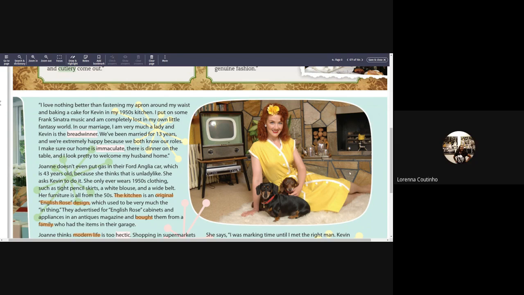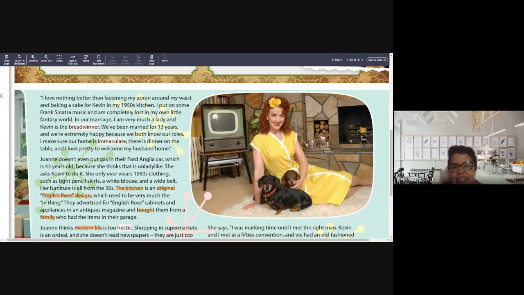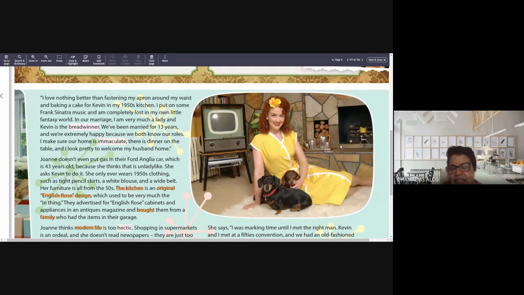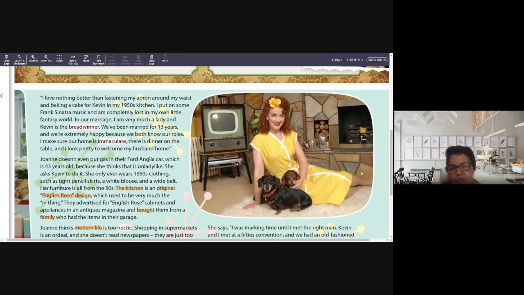Yes, I really like their clothes and the objects. Her dress, the flower, the TV set, the tea set here. Look, everything. This is all about the 50s. Everything here. Even the rug is from the 50s. Really amazing. All the decoration is from the 50s. Wow, incredible.